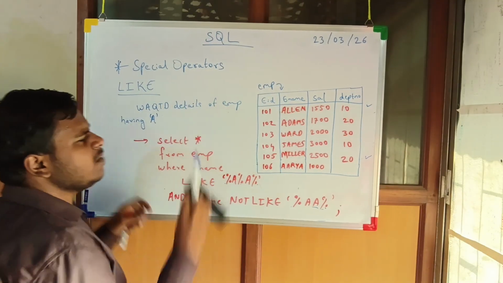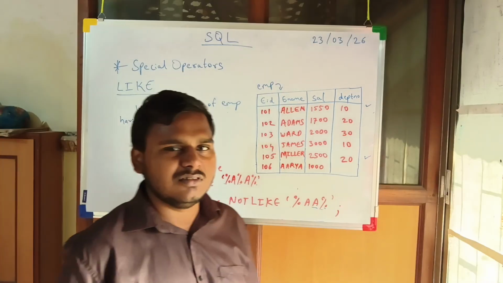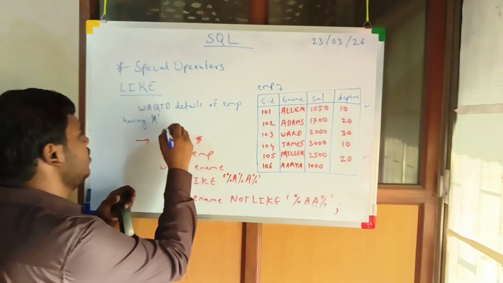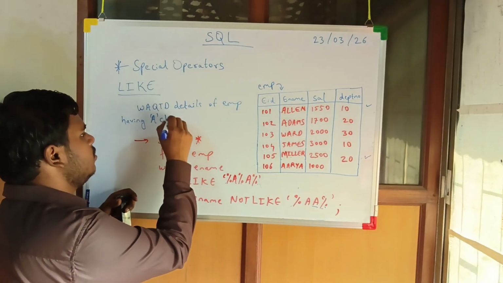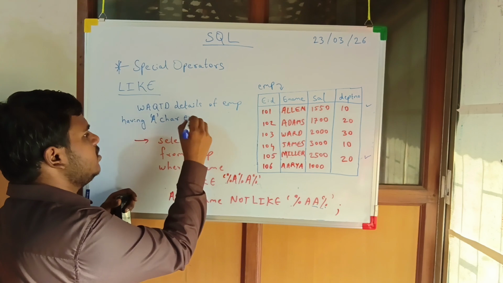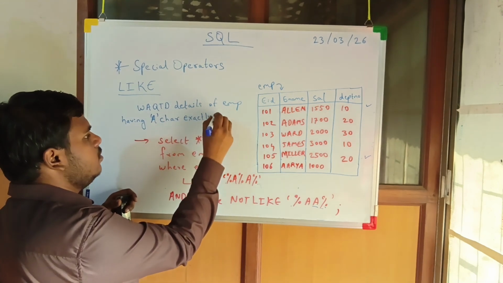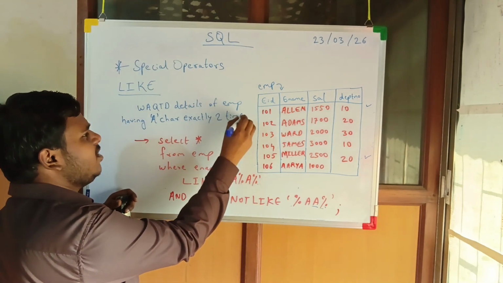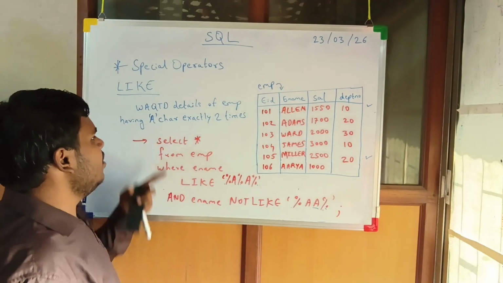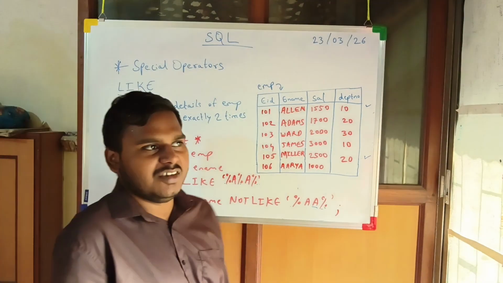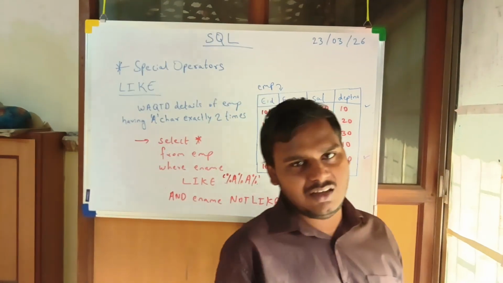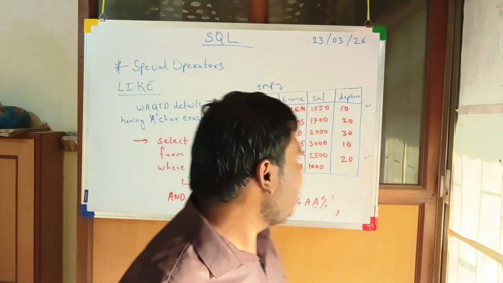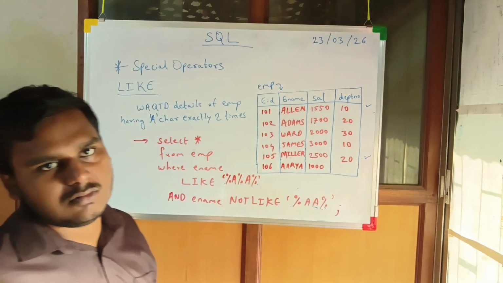Now if I do some modification in your question, what if I want the character A exactly 2 times? Sir, what are you saying? Exactly 2 times. The first condition was at least 2 times. Now I'm saying I want exactly 2 times.